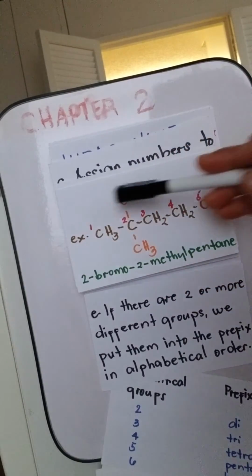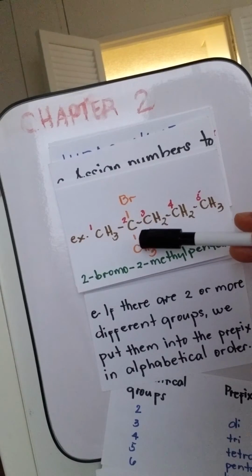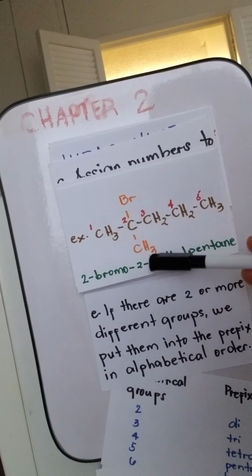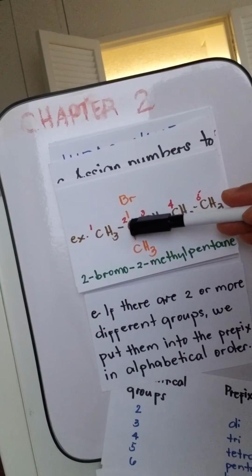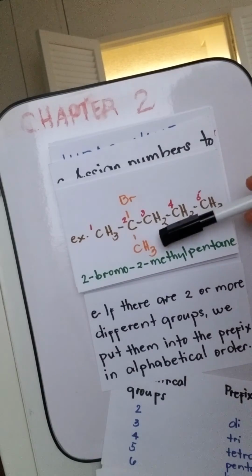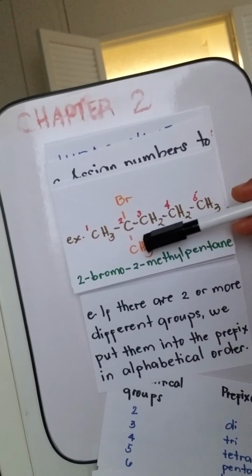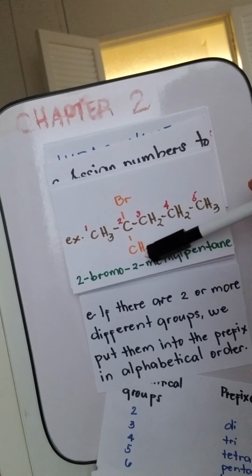So, to name the structure now, our prefixes, the groups, first: they are located or attached at what carbon atom number of our mother chain? They are attached to the second carbon atom. Since they are different groups or branches, follow the alphabetical order.